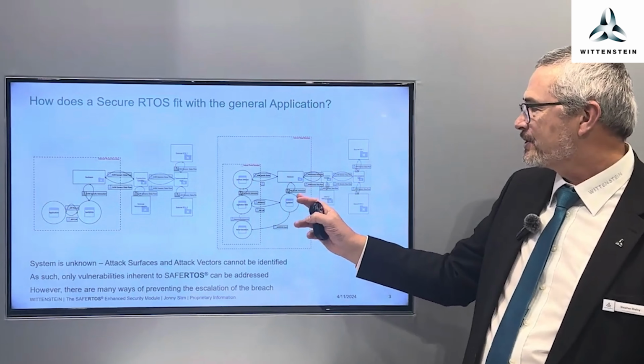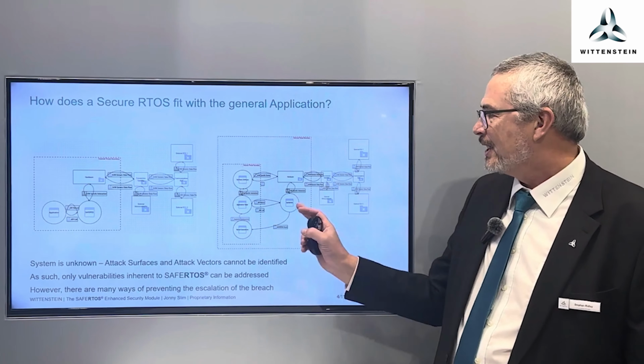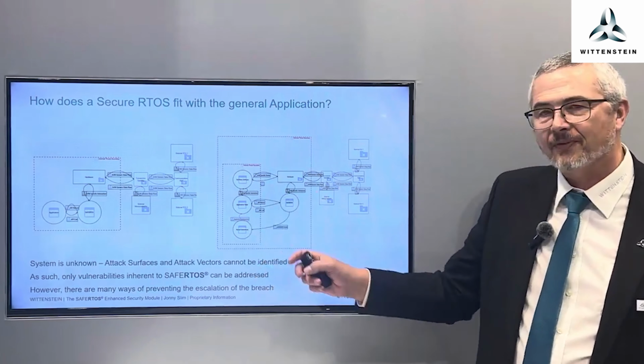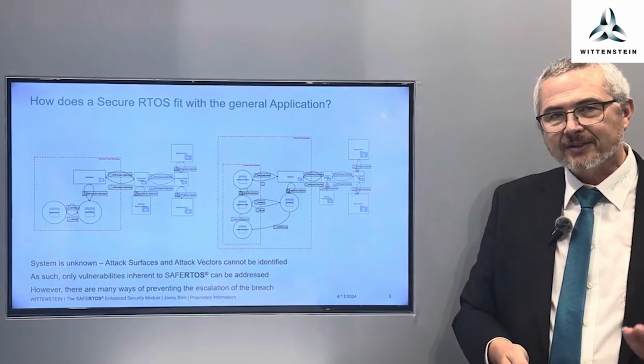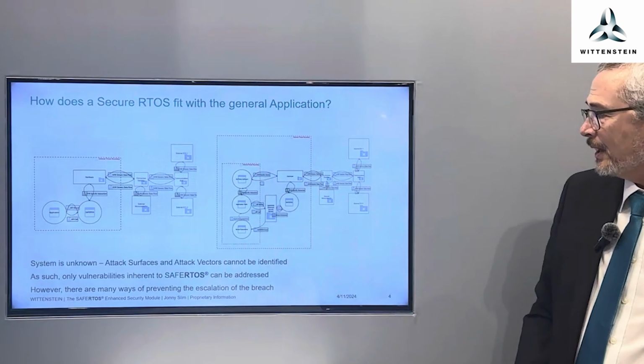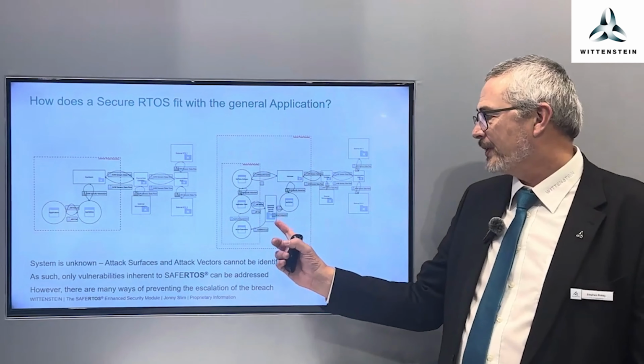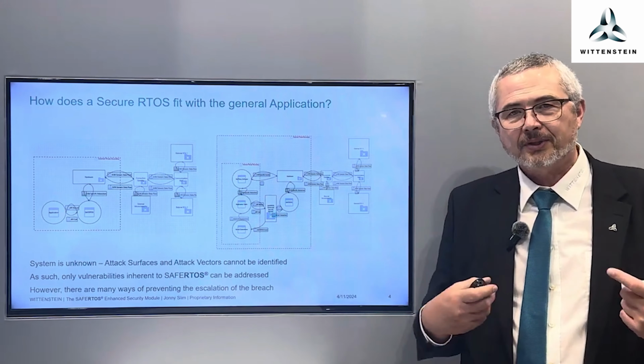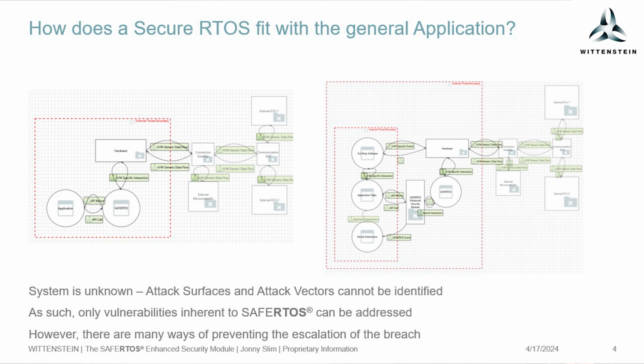Therefore, any interaction that SAFERTOS has with the hardware, the application software, or the kernel functions are the things we need to apply protection for. Hence the production of the enhanced security module, which is essentially a layer that acts as an interface between the RTOS and the application, and provides a number of security enhancements or features.